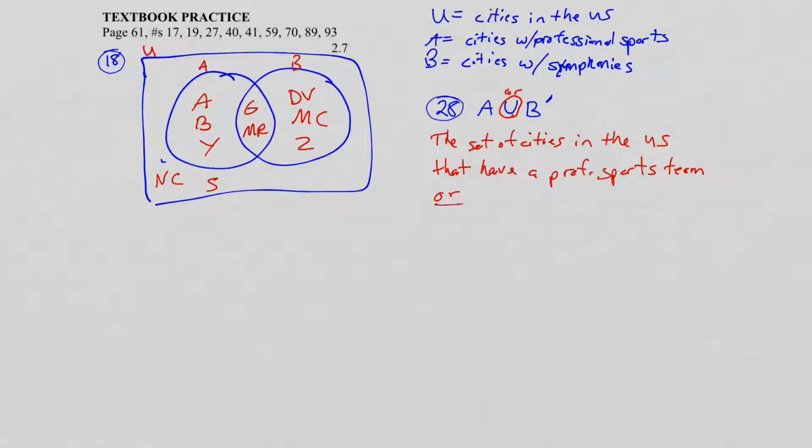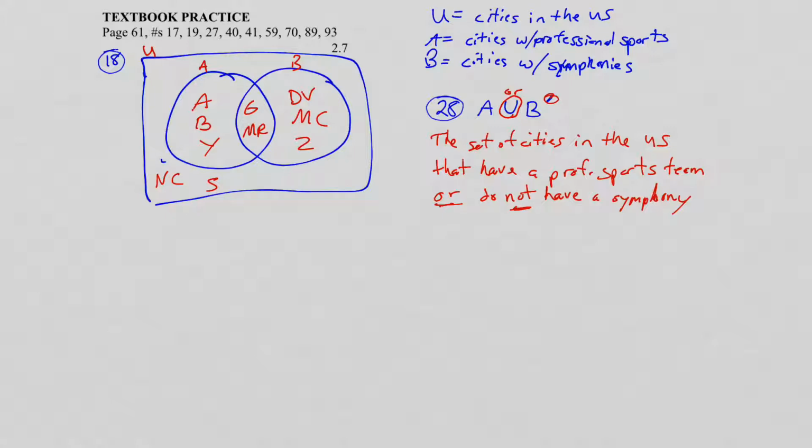So or, and then the complement of B, which is symphonies. So or do not have a symphony. Okay, so I got this from the not, or from the U, and then whatever those sets represent.